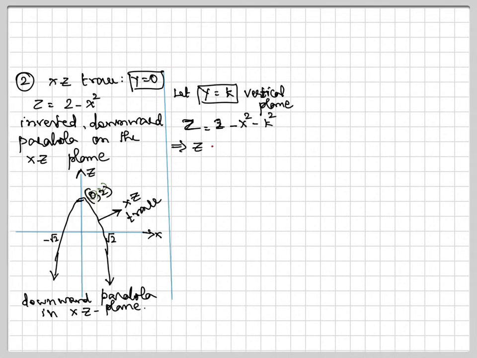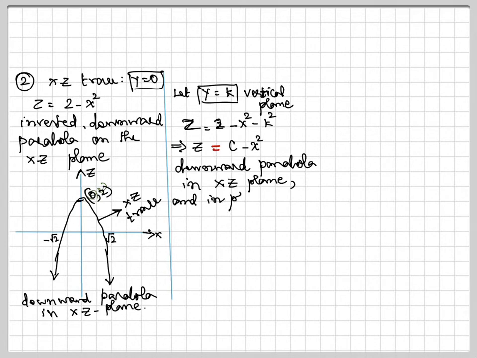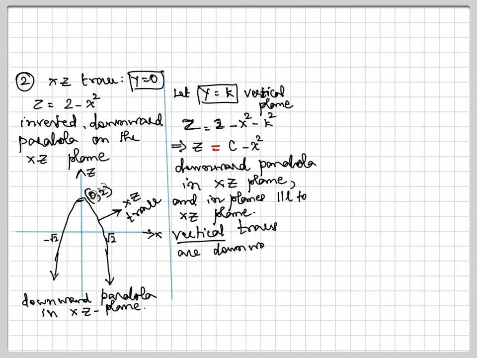If you combine all the constants, you get z equal to some constant minus x square, which is again a downward parabola. So all the vertical traces, or the traces on the plane y equal to k, are all downward parabolas, a family of downward parabolas. Vertical traces are downward parabolas.